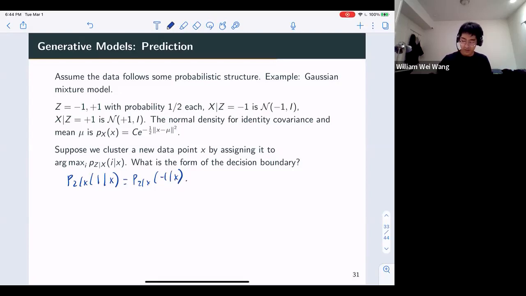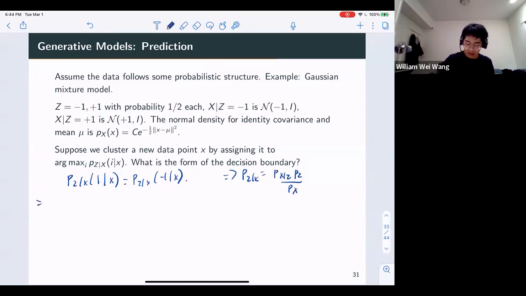Well, according to Bayes' rule, probability of z given x is equal to probability of x given z, probability of z, divided by probability of x. So for the purposes of comparing these two, if I do this Bayes rule decomposition on both sides, they have a common denominator, so I don't really have to care about P(x).